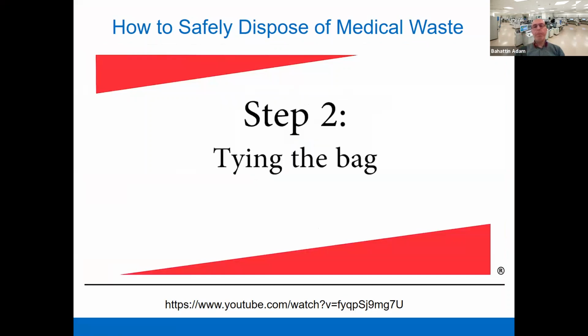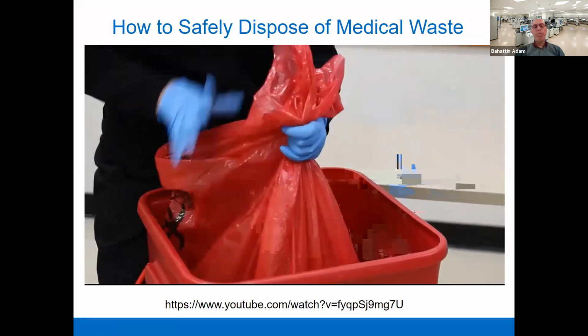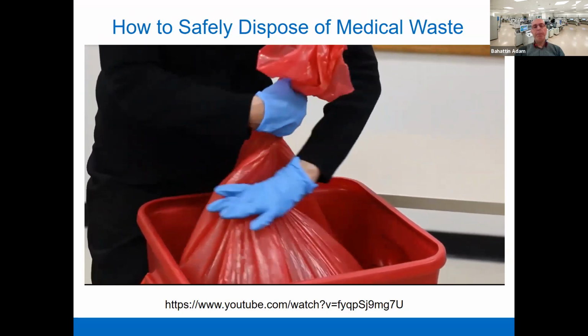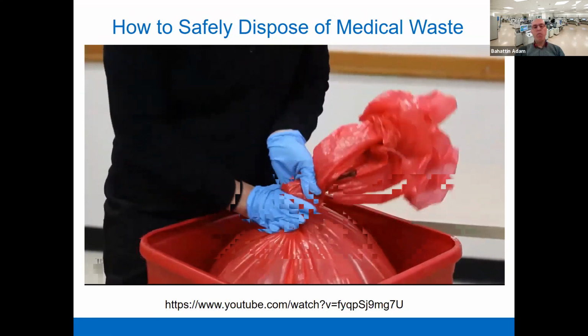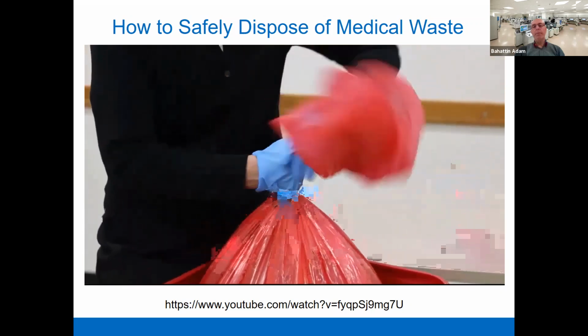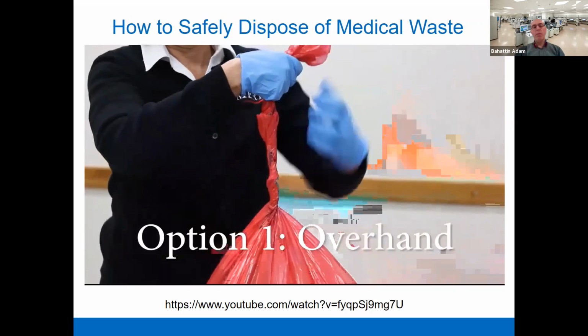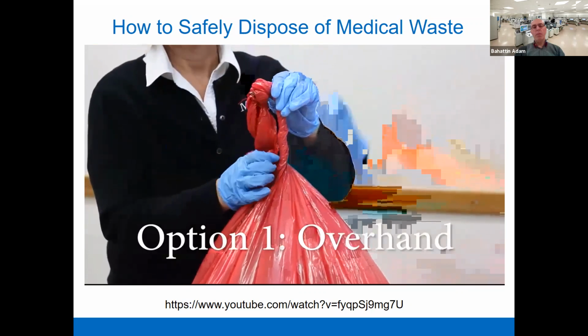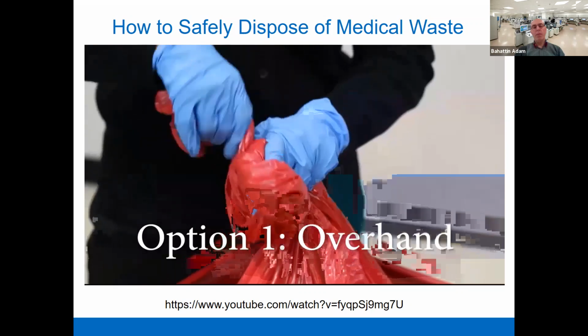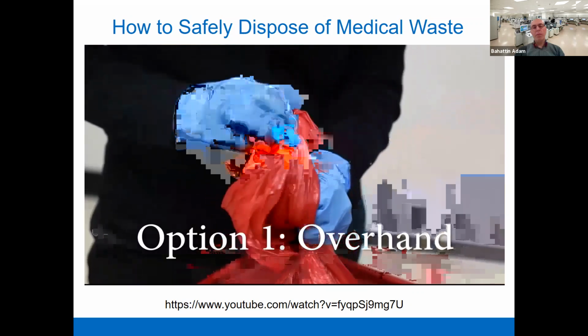Step 2. Once your medical waste bag is full, tie it closed using either the overhand or gooseneck method. To make an acceptable overhand knot, start by gathering up and twisting the bag 8 to 10 inches. Then, make a loop with a twisted end. Finally, bring the twisted end through the loop to create a knot.